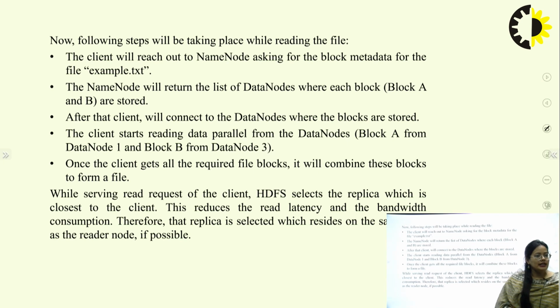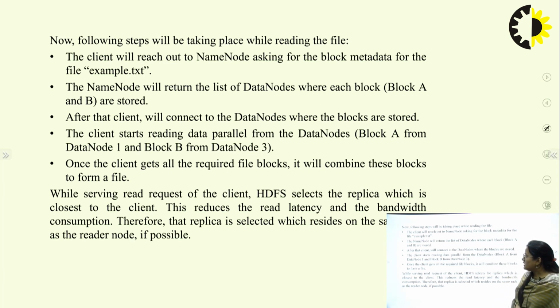After that, the client will connect to the data nodes where the blocks are stored. The client starts reading data in parallel from the data nodes, block A from data node 1 and block B from data node 6. Once the client gets all the required file blocks, it will combine these blocks to form the file.